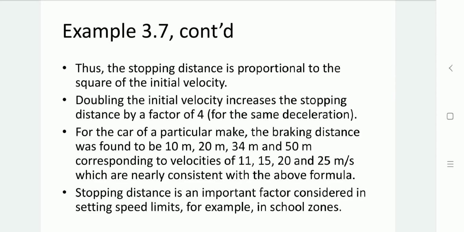Stopping distance is important to calculate near zones where we need to limit the speed, for example, a school zone. Right? So in the exam, they may ask to calculate a stopping distance. For that, you can utilize this equation directly.